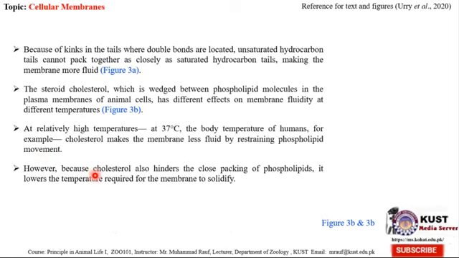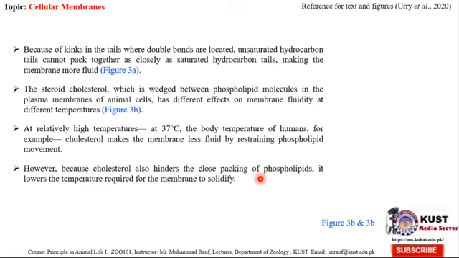However, cholesterol also hinders close packing, because it is present alongside, in between the phospholipid tails. So on one side it is decreasing the fluidity by preventing the movement of individual phospholipid molecules.